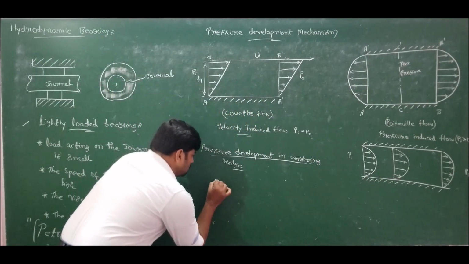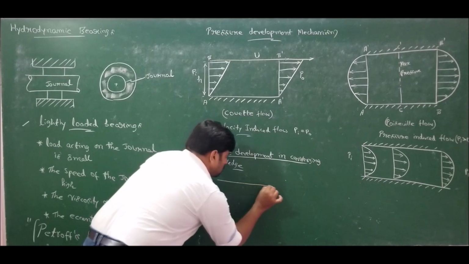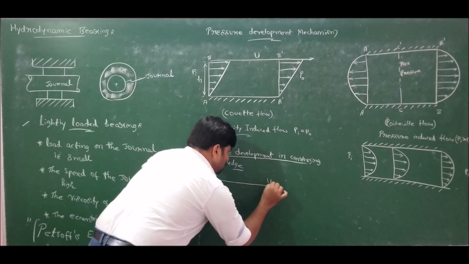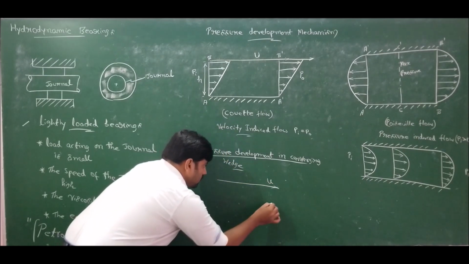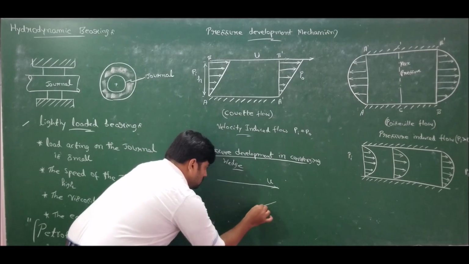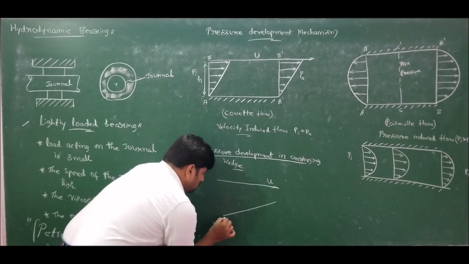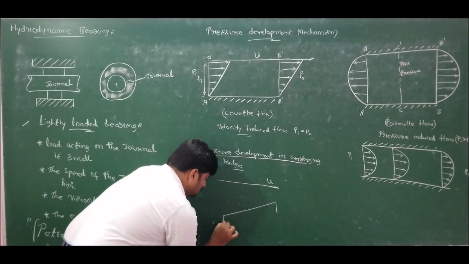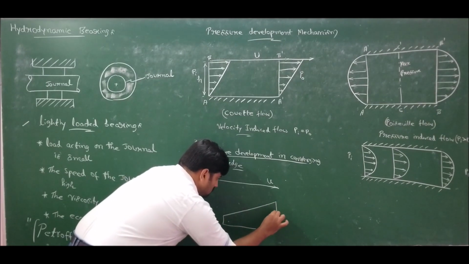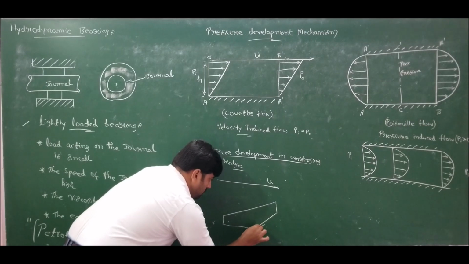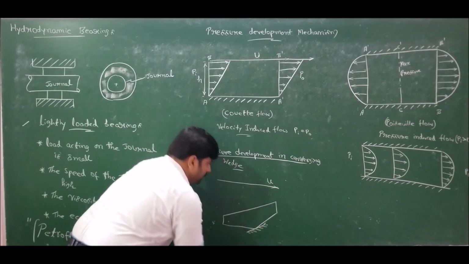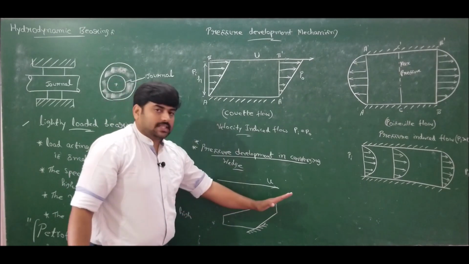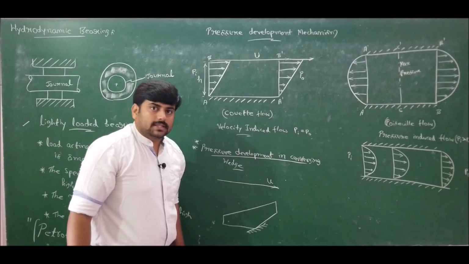Let us consider a top surface moving with a velocity u, and let us have a converging wedge like this, which is fixed. This wedge is fixed. Let us take the converging section in the direction of flow like this.